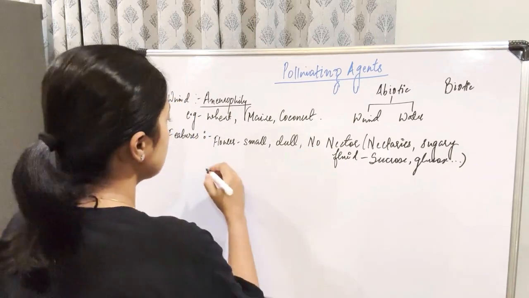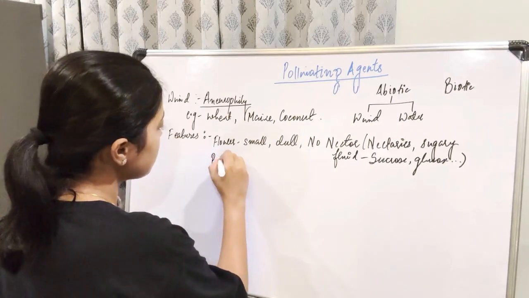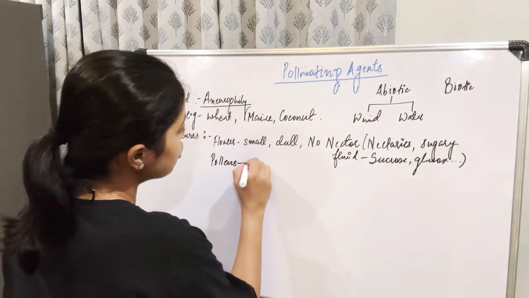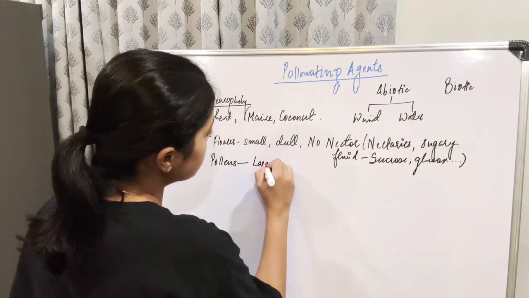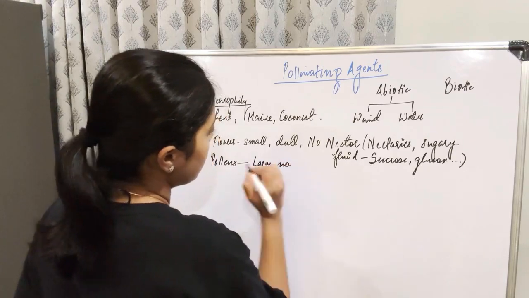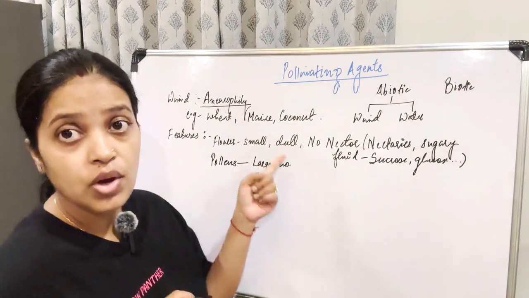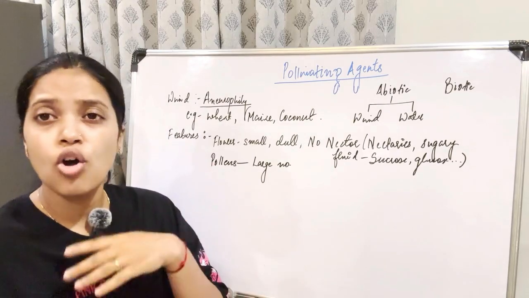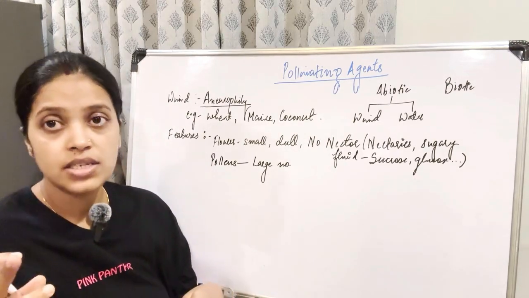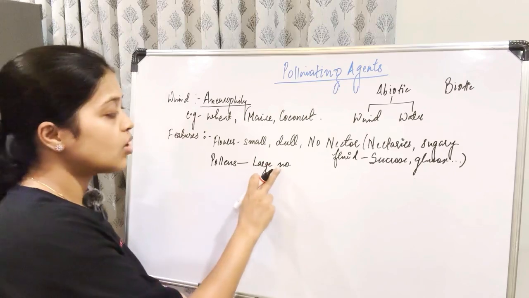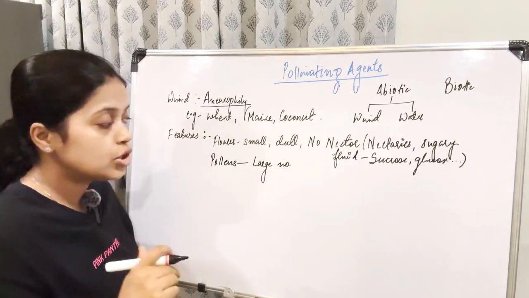Okay, next, here the pollen has to be produced in large number. It makes sense because it is happening through the wind, so a lot of pollen will be wasted. Therefore the pollen is always released in a large amount.